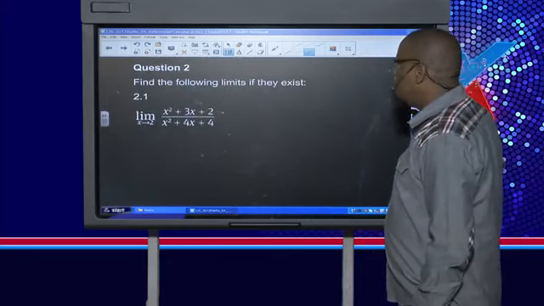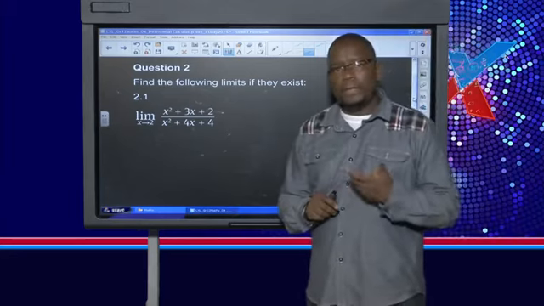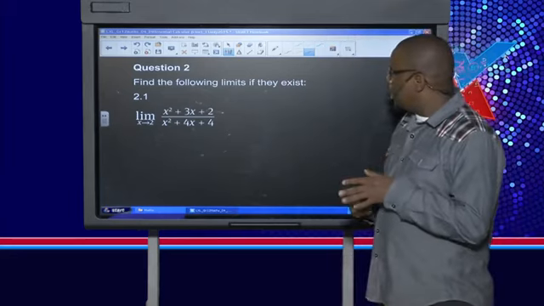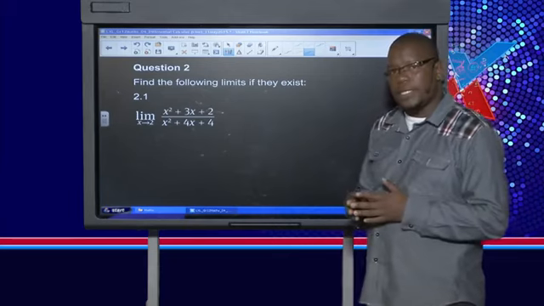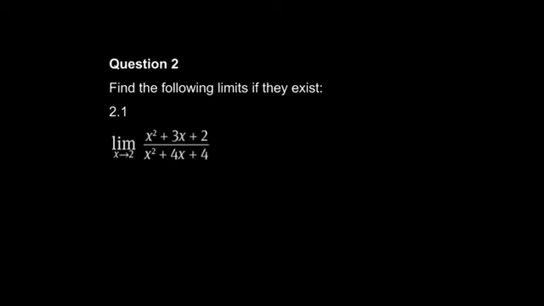Now, question 2. They're asking you to find the limit if they do exist. Now, the first question, they're saying, as x approaches 2, does that limit exist? Okay? So now, as x gets closer to 2, if I sub in a 2 there, I'll get 2 squared plus 3 bracket 2 plus 2, all divided by 2 squared plus 4 by 2 plus 4.